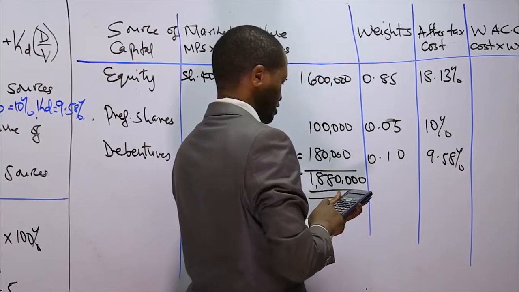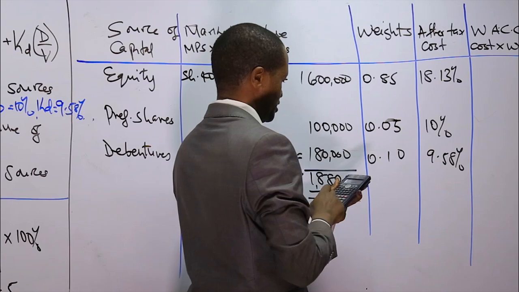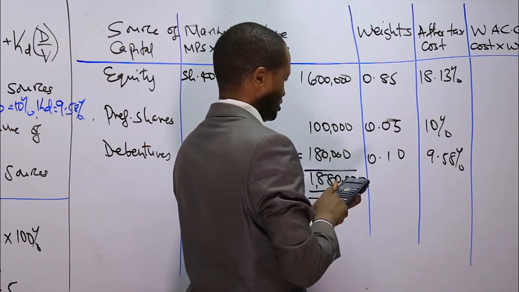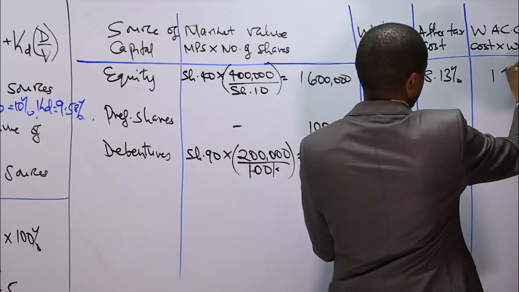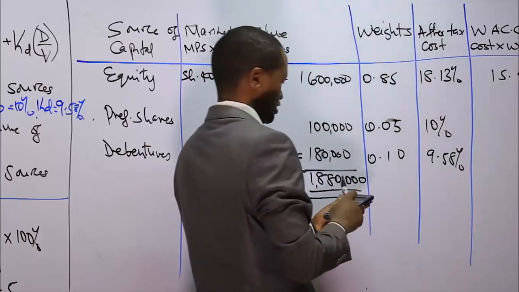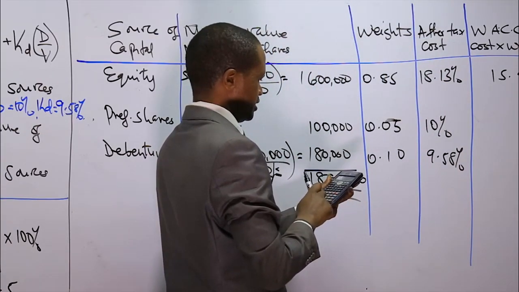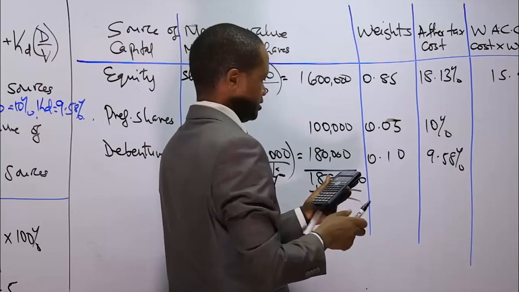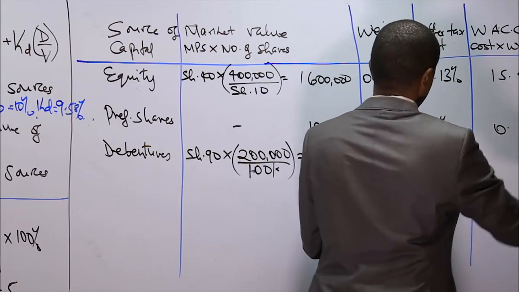So 0.85 times 18.13. I have here 15.41. Next, 0.05 times 10, I have here 0.5.